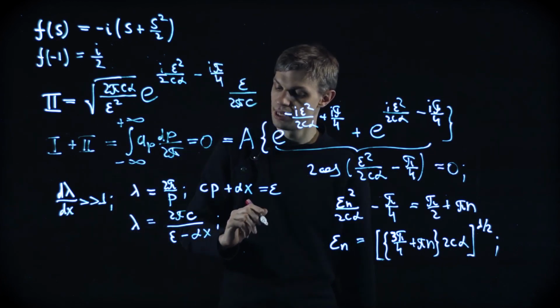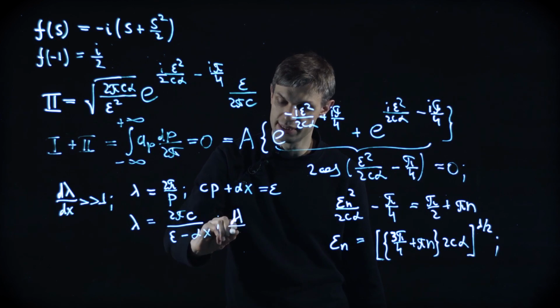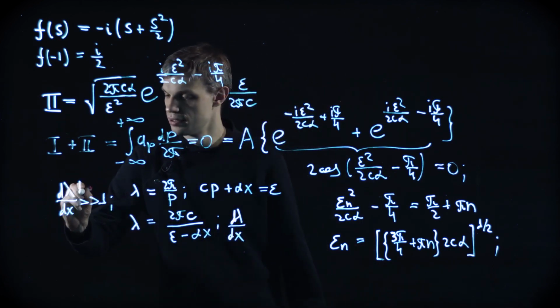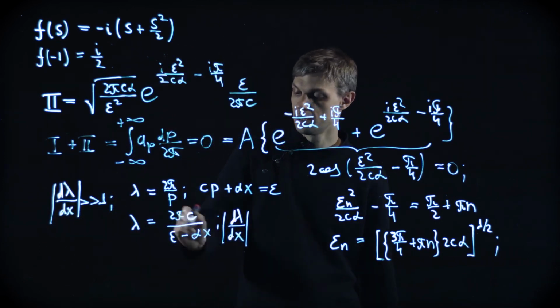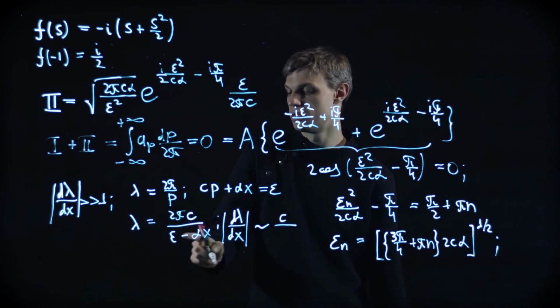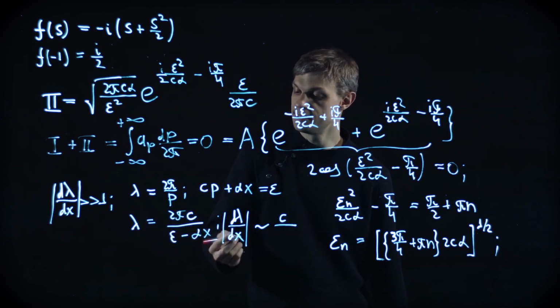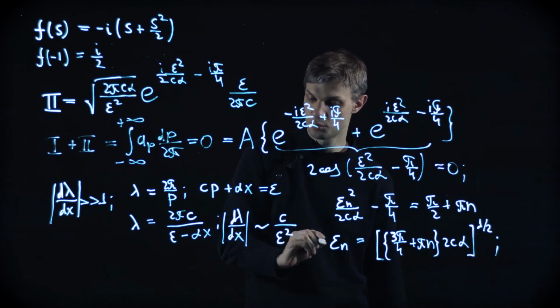Okay, so let's compute d lambda over dx. We are interested actually in the modulus of this expression. So it's c over (epsilon minus alpha x) squared, but x is small, so it's basically c over epsilon squared.